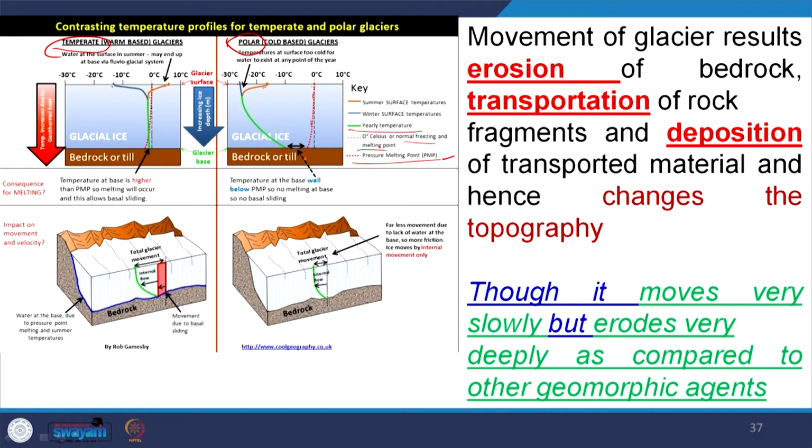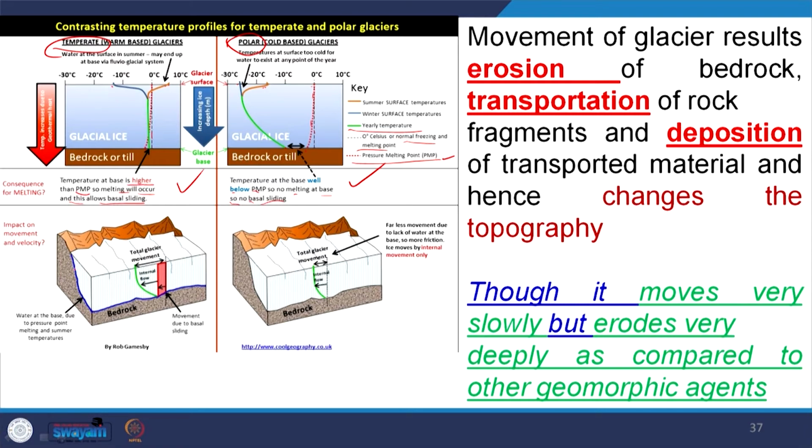Now, if you compare these two, for the temperate glacier the temperature at the base is higher than the pressure melting point. So, melting will occur and this allows basal sliding. Here, for the polar glacier, the temperature at the base is well below the pressure melting point, so there is no melting at the base and no basal sliding. So, there is less basal sliding here and more basal sliding there.